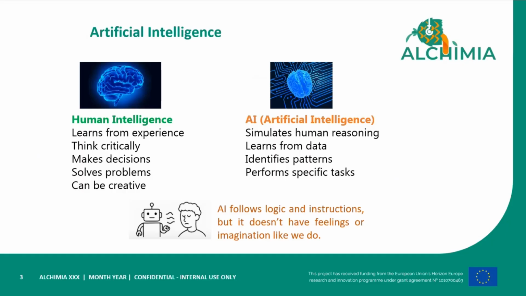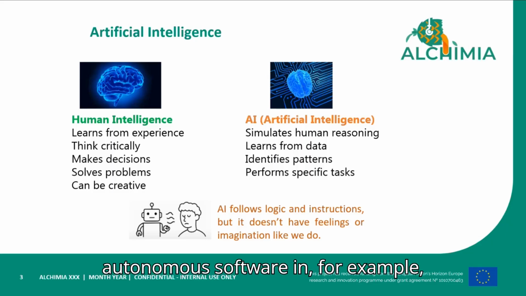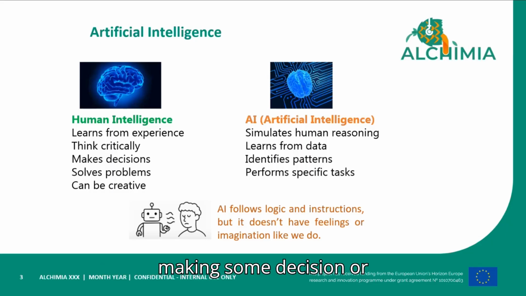The idea comes from the need to speed up certain, sometimes repetitive, tasks, where people can be supported by autonomous software in, for example, making or understanding decisions, or understanding some measurements.